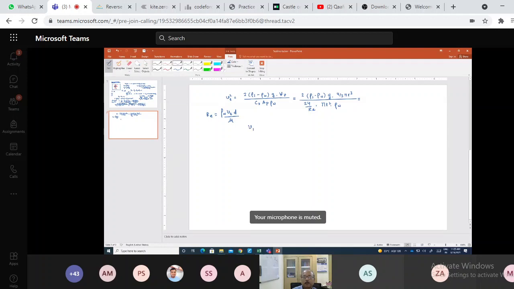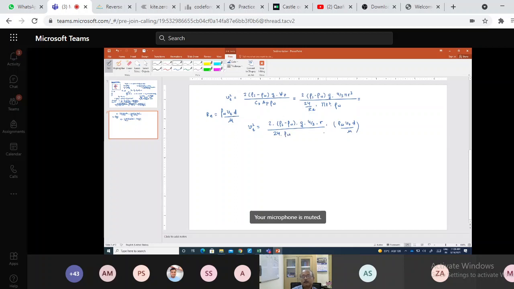So you can plug in the numbers here, and now you can get 2 into (rho S minus rho W) into G, and this will be 4 by 3, and you have R here, okay. Now you have 24 and Re comes up, so in place of Re you can write rho W Vt D by mu, okay, and we have rho W here.